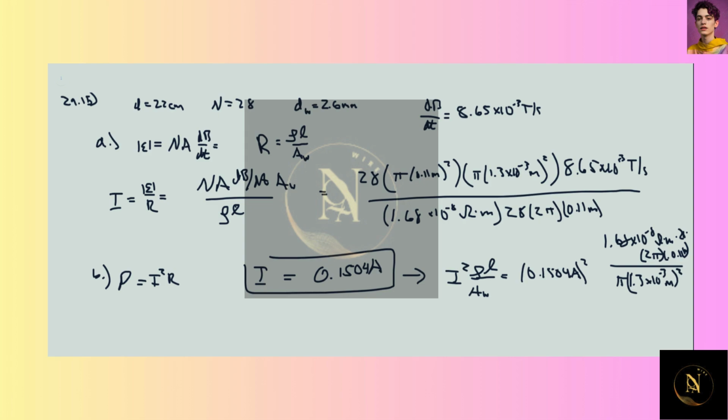Cool, so this looks pretty messy, but it's just the same things we plugged in up above, down again down here. And we get a power equal to 1.4 times 10 to the negative 3 watts. Awesome.